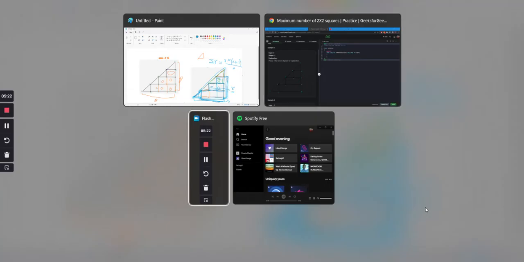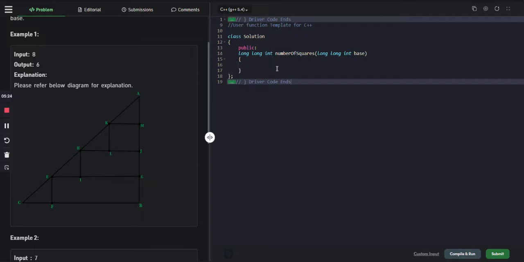So let's code it down. Let me say long r equals my base minus 2, and this should be divided by 2, right?